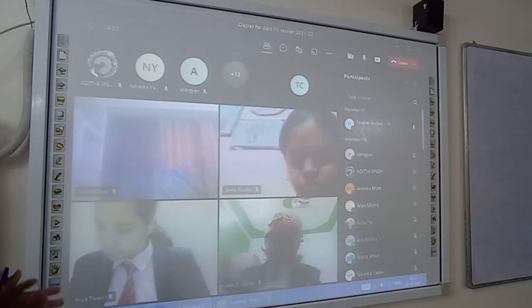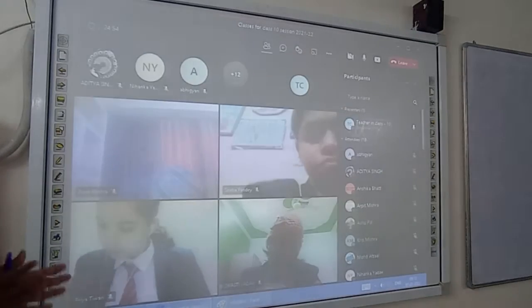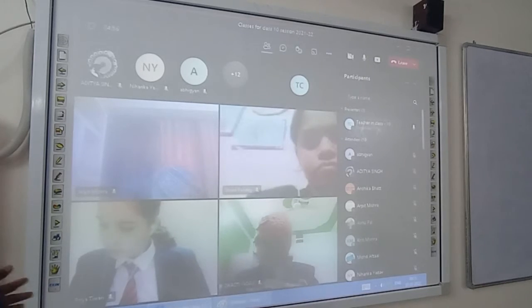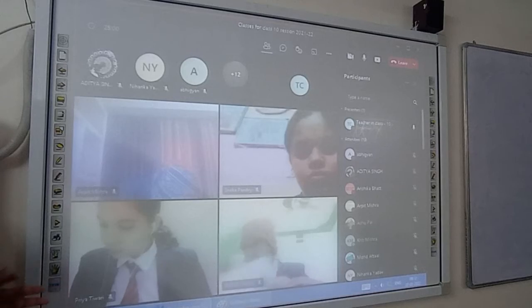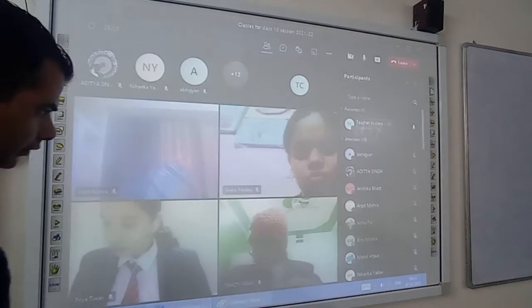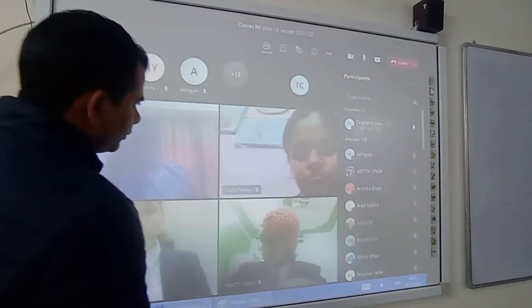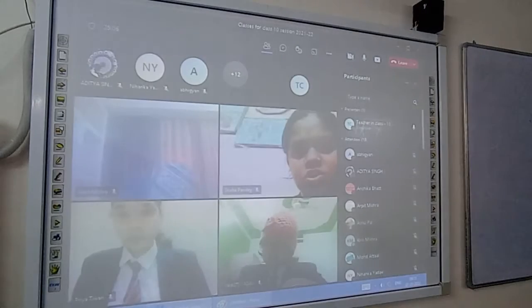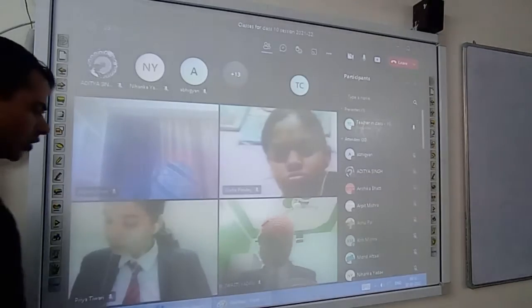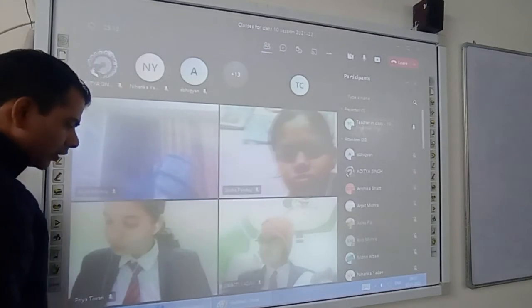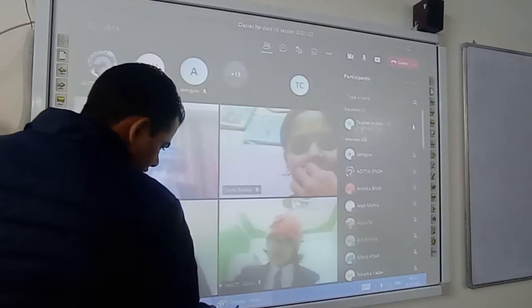We have to find out the value of An, the nth term. How can you find out An? Which formula will you apply to solve this question?